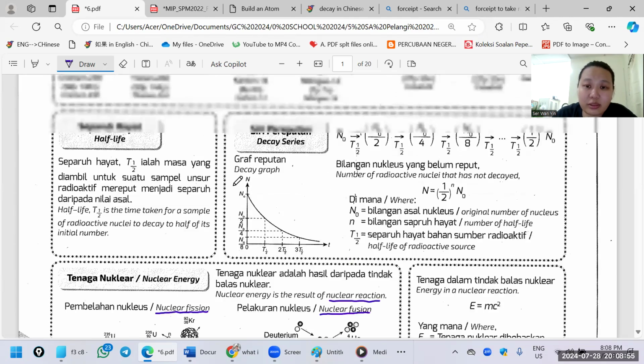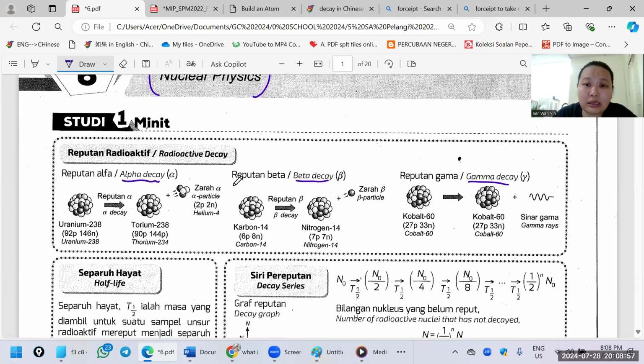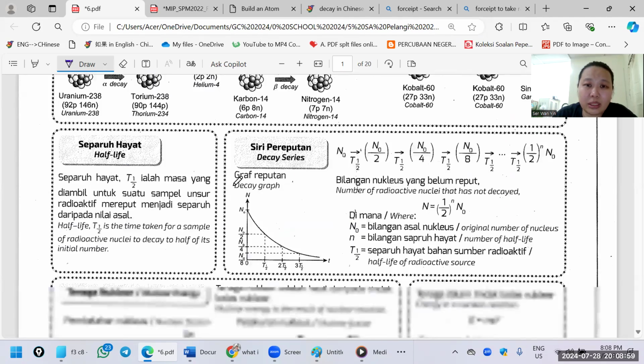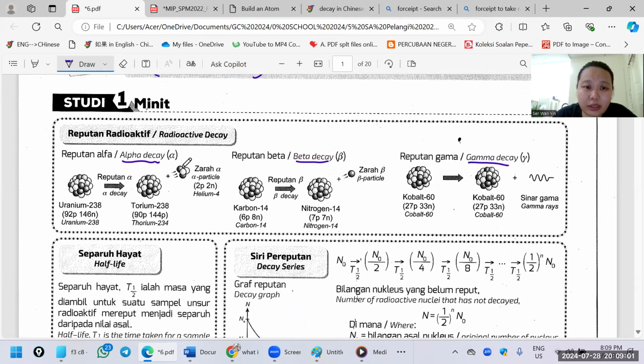This is in your physics module, page 1, nuclear physics. Now remember alpha is a helium nucleus, beta is a high speed electron, gamma is a ray or a wave.